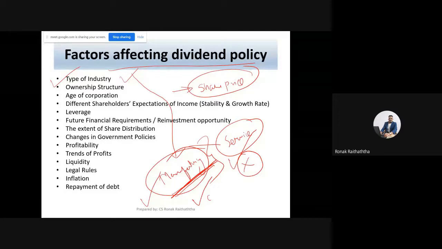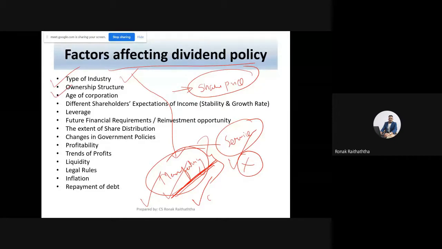But a manufacturing concern cannot afford to give a good amount of dividends if they want to expand in future, because that will require too much capital investment from their side. So type of industry also affects whether to pay the dividend and up to what extent.